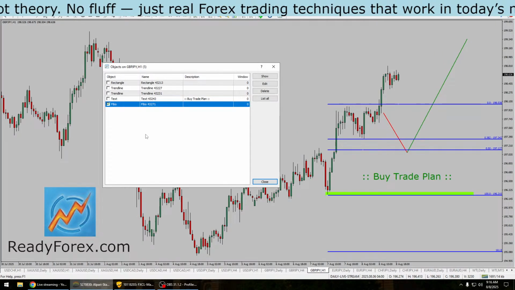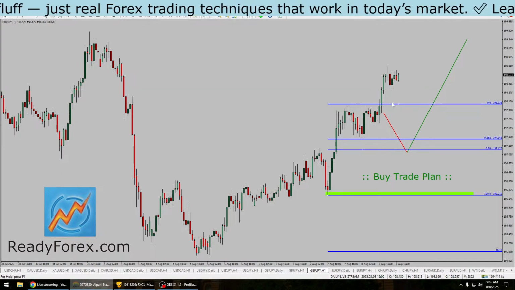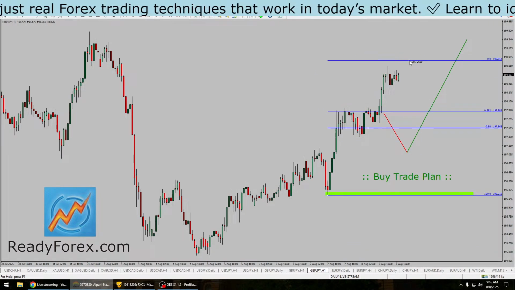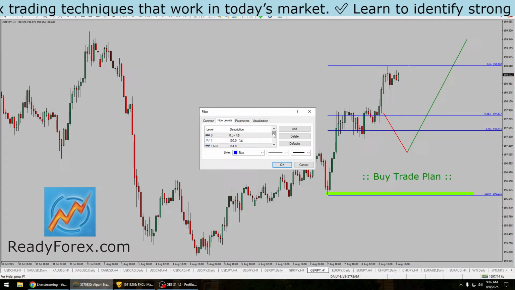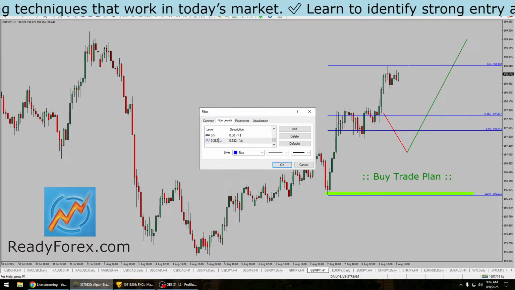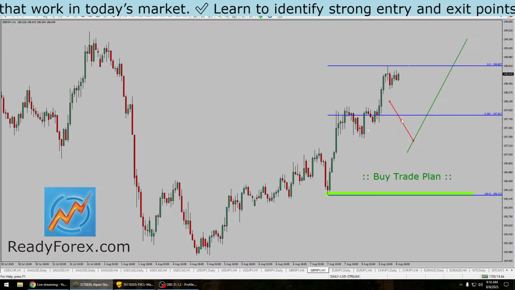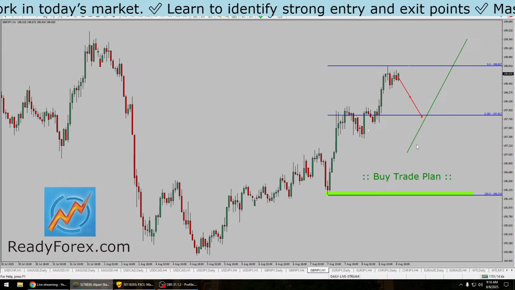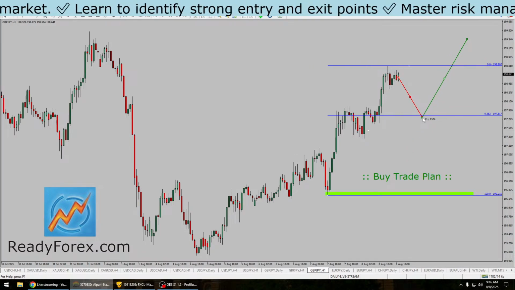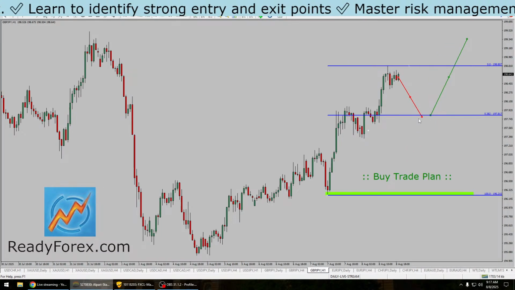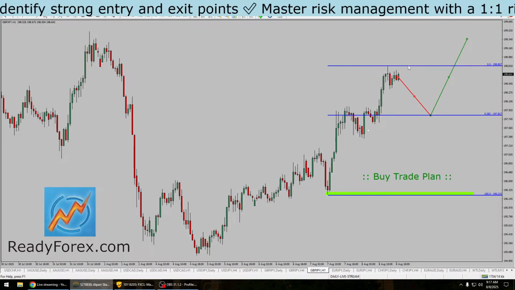Let's adjust the Fibonacci retracement level. I think price action is probably going to drop around the 0.38 area. This is the support down over here, and if we do get a pullback, then this is the area to look for a potential buy trade setup.